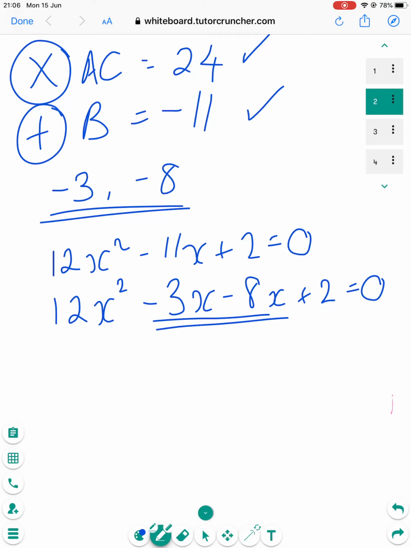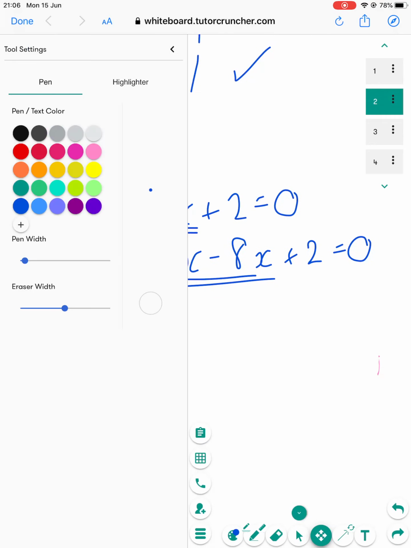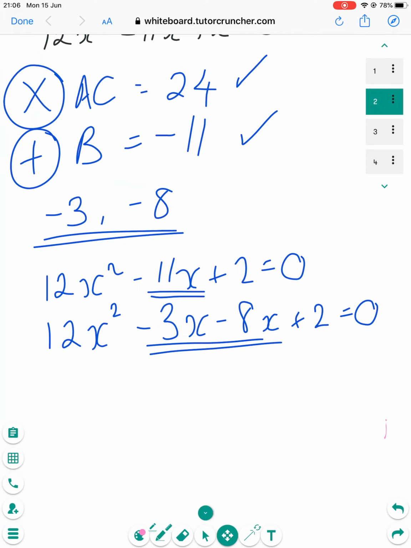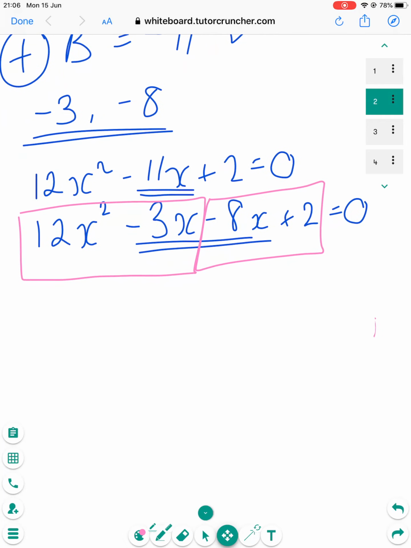Because this section is equal to this. Now that we've done that, we're going to split our equation into two. We've got this bit here, and we've got this bit here. And once we've done that, now all we're going to do is factorize the two groups.